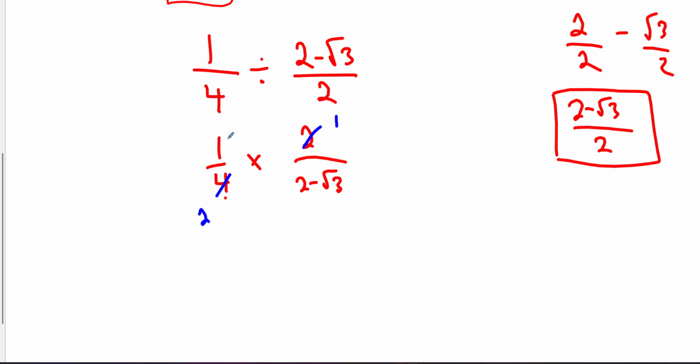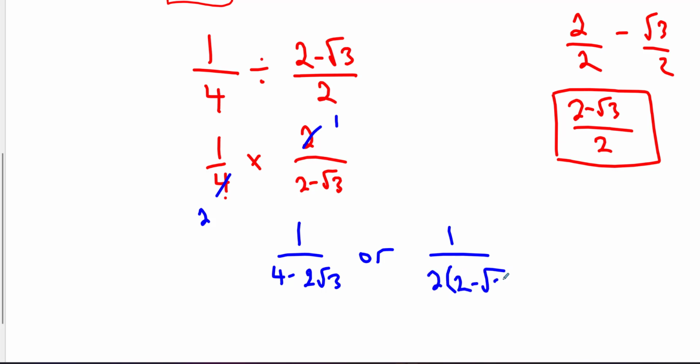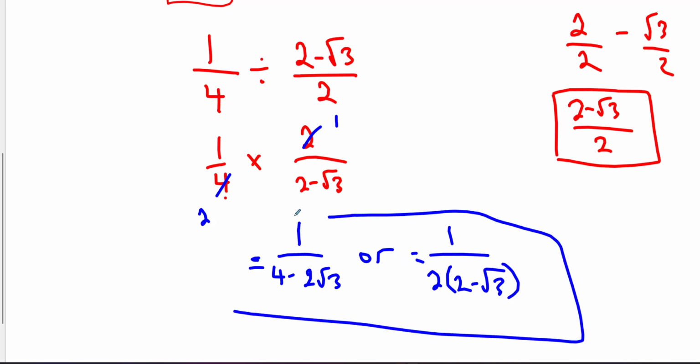So this really becomes 1 times 1 over 2 times 2 minus root 3, which is just 4 minus 2 root 3. And some people like to keep it in factored form, so you can just write 2. Both are equivalent answers. I would give you full marks for both answers here.